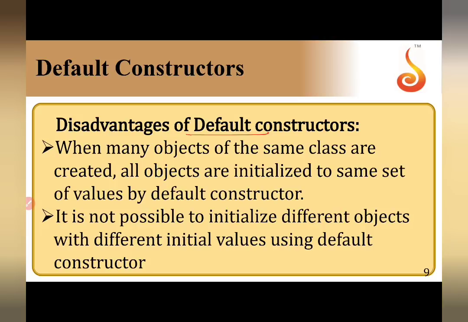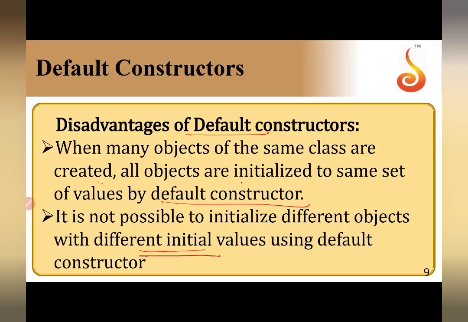That is, when many objects of the same class are created, all the objects are initialized to the same set of values by the default constructor. It is not possible to initialize different objects with different initial values using a default constructor.